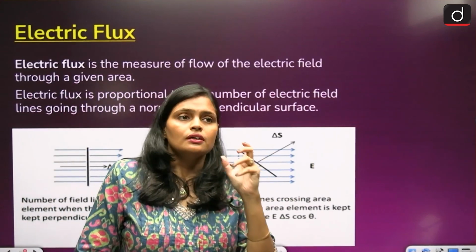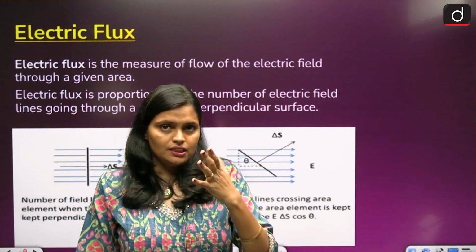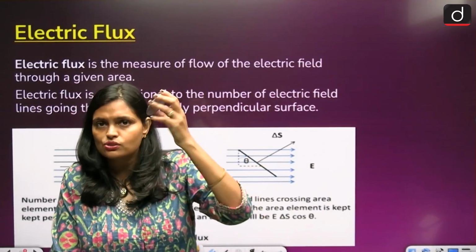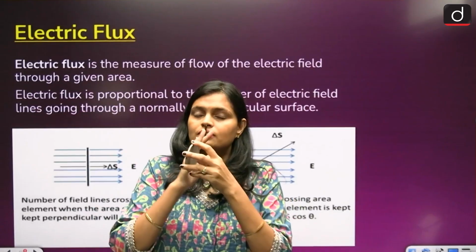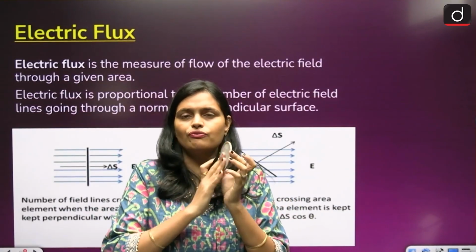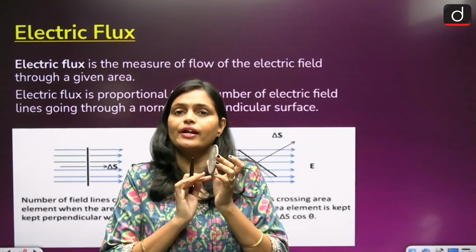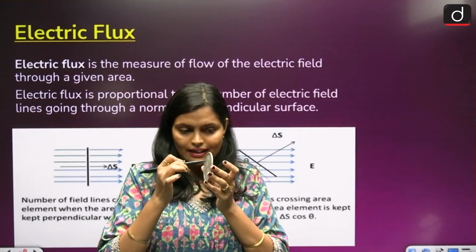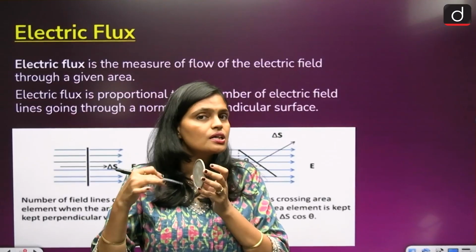Now suppose you have any object. Suppose this is a conductor, full of charges. If it is full of charges, then obviously it has some field around them.